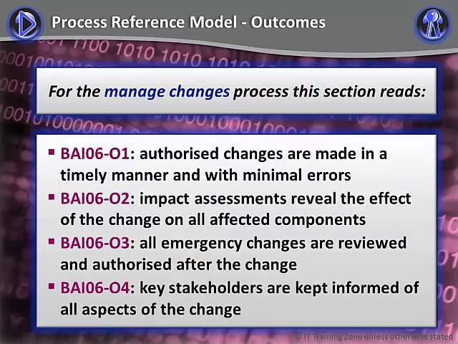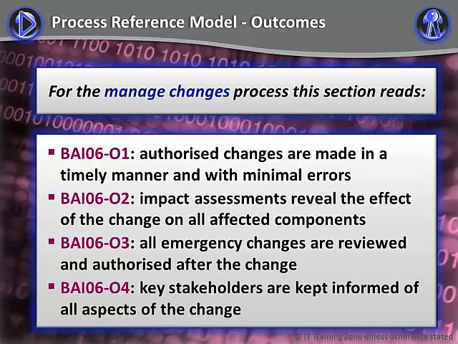The first section of the process reference model is Outcomes. For the Manage Changes process, this section reads BAI 06-01. Authorized changes are made in a timely manner and with minimal errors. BAI 06-02. Impact assessments reveal the effect of the change on all affected components.